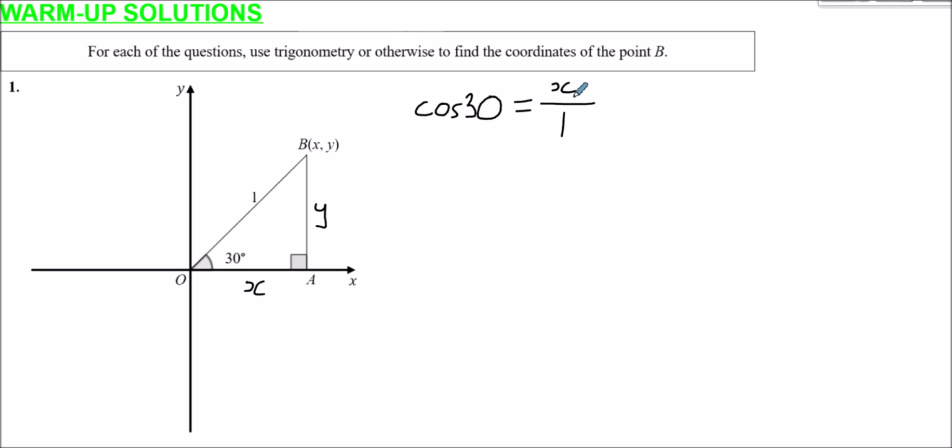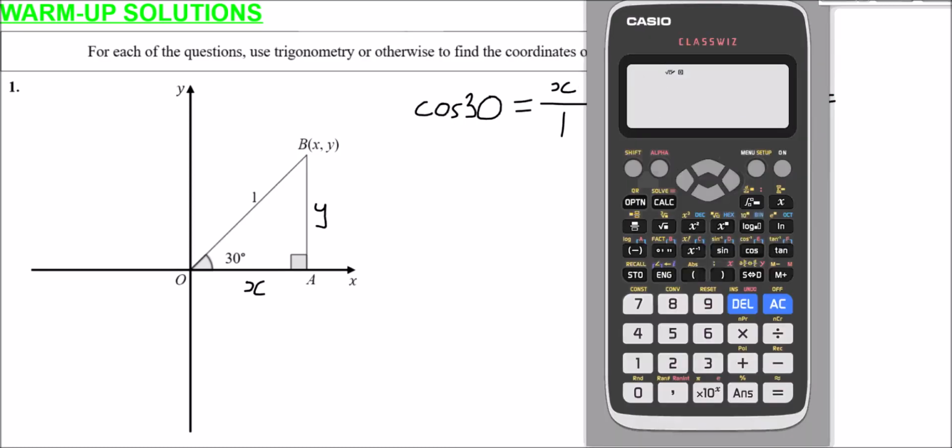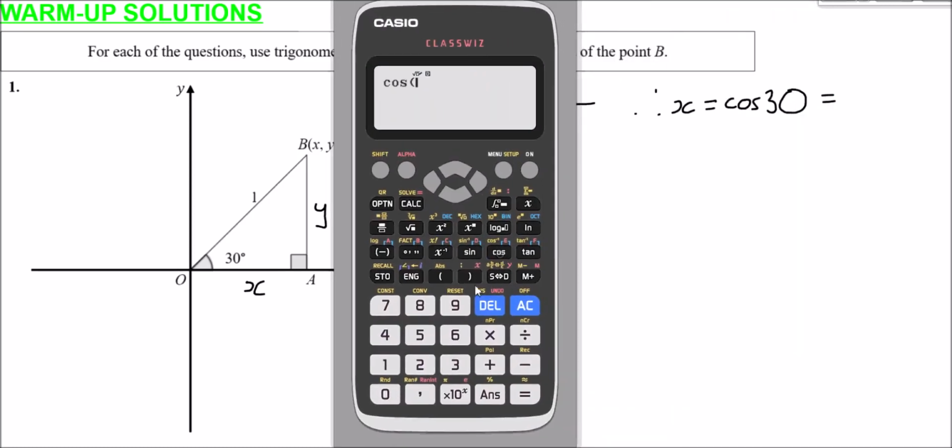Because we're dividing by 1, we can see here that x is just going to be cos 30. At this stage I can forgive you if you're not sure what cos 30 is. Cos 30 is a special ratio which we'll talk through in future lessons. So cos 30 is going to give us a value of √3/2.